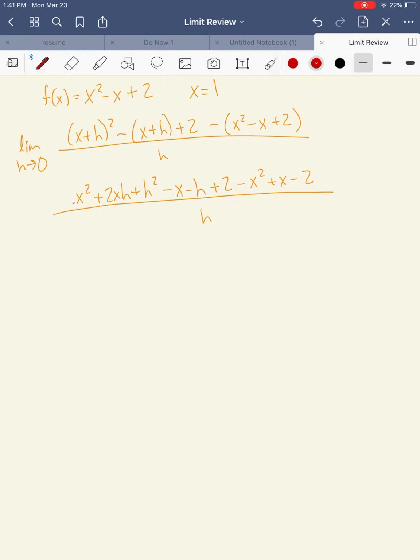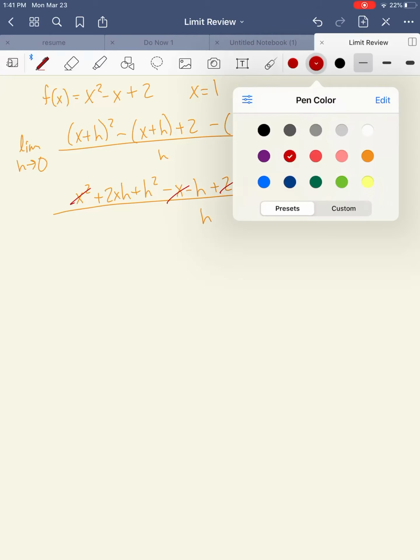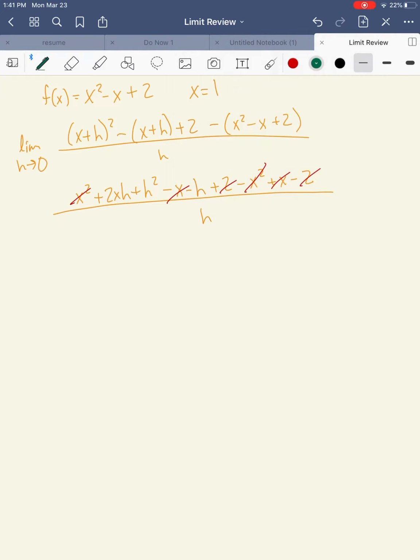We're going to cross out like terms: x squared minus x squared, negative x plus x. All right. And so that leaves us, everything has a multiple of h, so we can pull that out. 2x plus 1h minus 1 all over h.